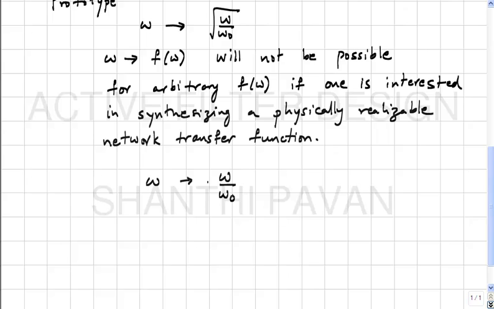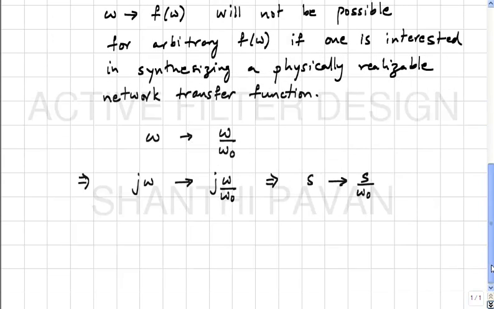So if omega has to be replaced by omega by omega naught, all that it means is that j omega has to be replaced with j omega by omega naught, right? Which implies s has to be replaced with s by omega naught.